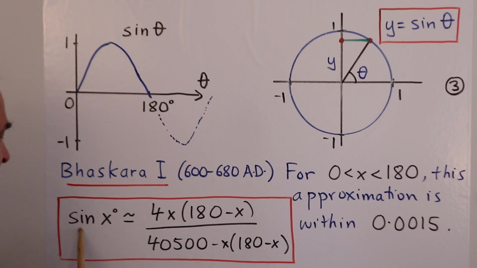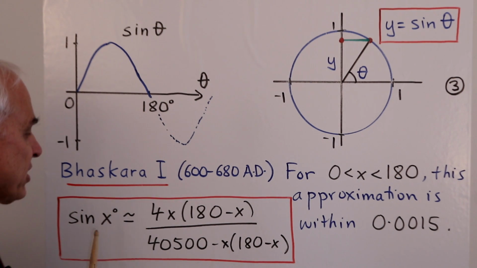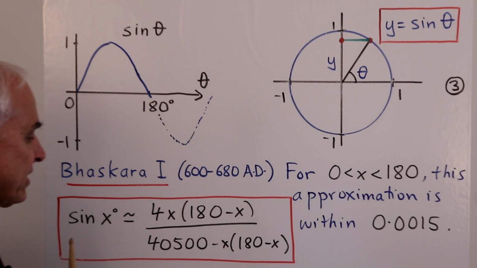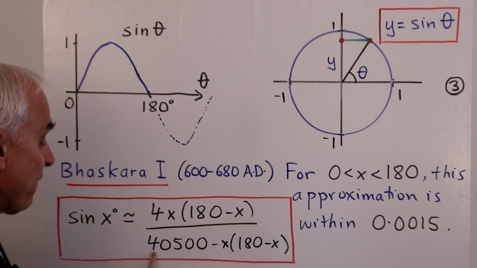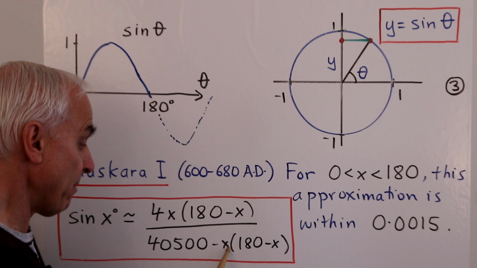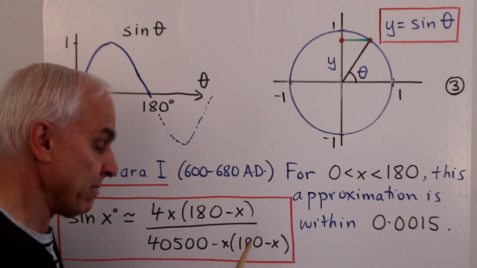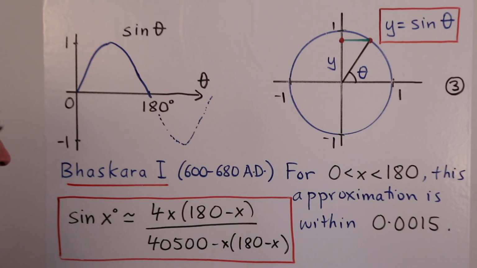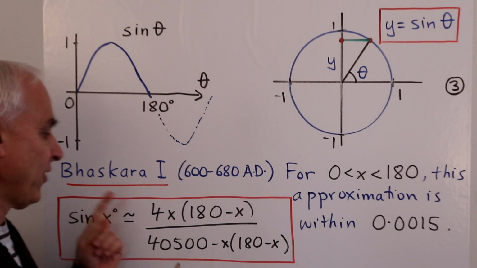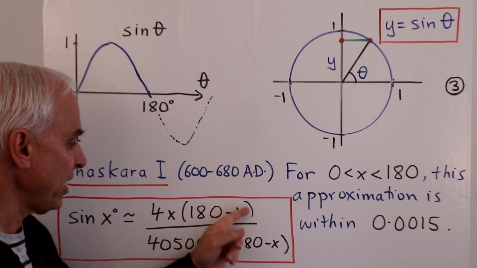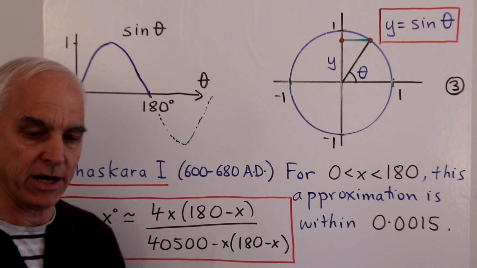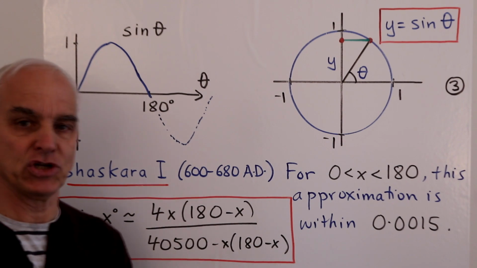And he says that sine of x degrees is approximately 4x times 180 minus x divided by 40,500 minus x times 180 minus x. This is a quadratic expression in the numerator, and it's a quadratic expression in the denominator. So this is a rational function of x.